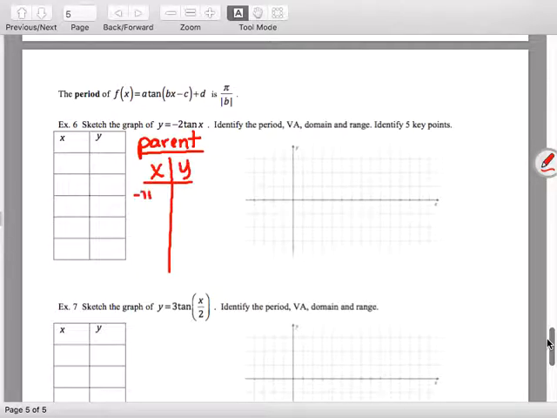I'm going to make my parent chart, but for tangent, those 5 x values are negative pi over 2, negative pi over 4, 0, pi over 4, pi over 2. Just look above. It was undefined, negative 1, 0, 1, undefined.